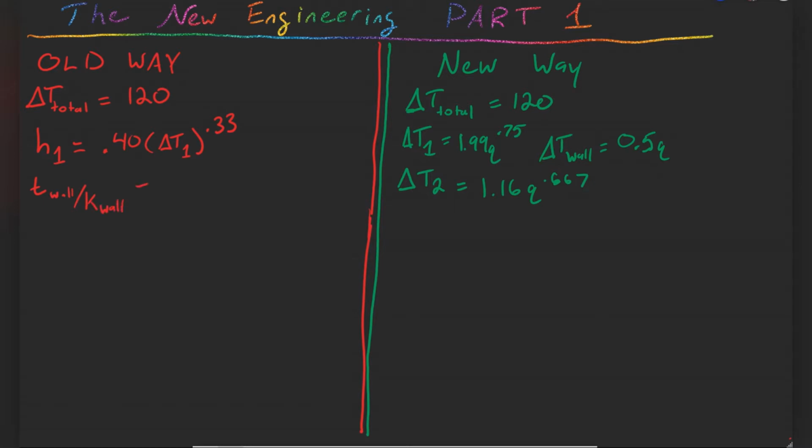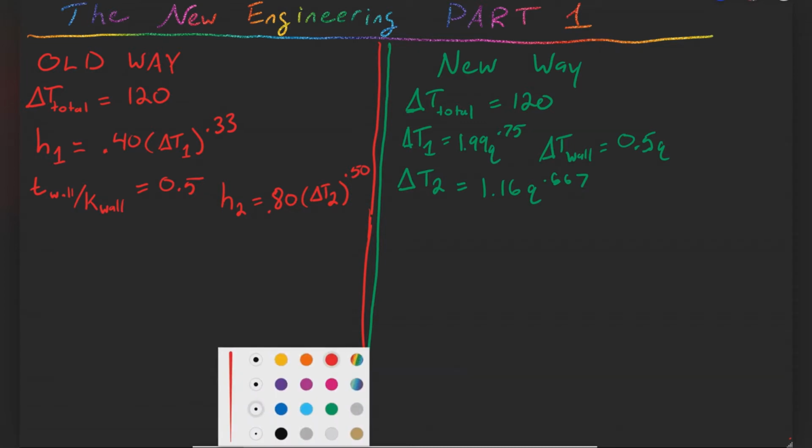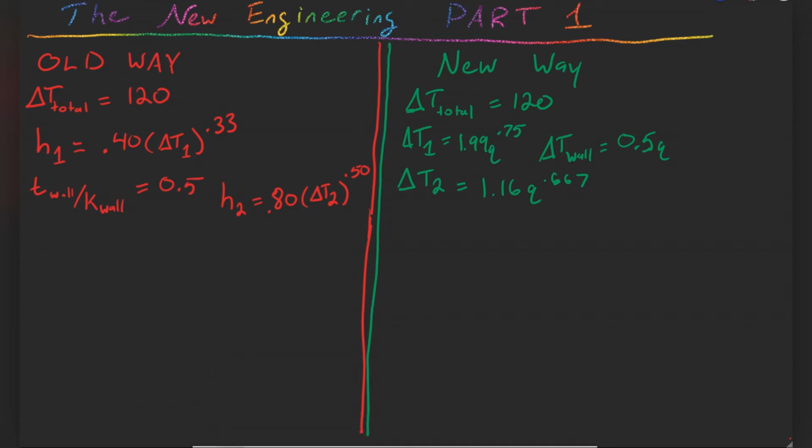So H1 is equal to 0.40 delta T1 to the power of 0.33, and T, which is the thickness of the wall, and K, which is your thermal conductivity, is just going to be equal to 0.5, and H2 is 0.8 delta T2 raised to the 0.5.